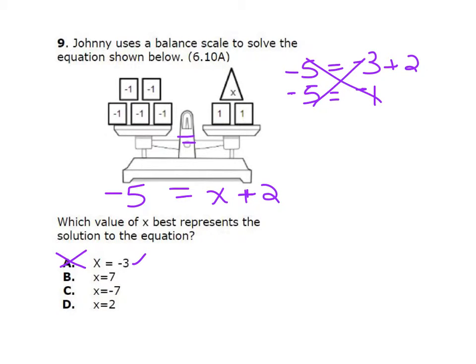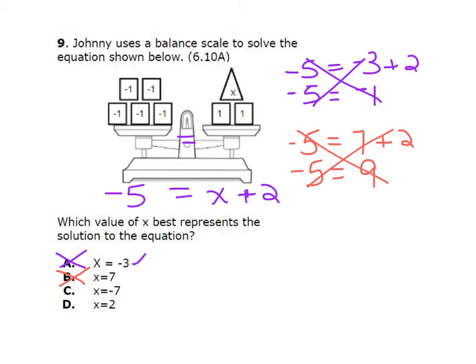Let's look at B. Negative 5 is equal to 7 plus 2. 7 plus 2 is 9. Negative 5 compared to 9 is not the same answer, so B is incorrect.